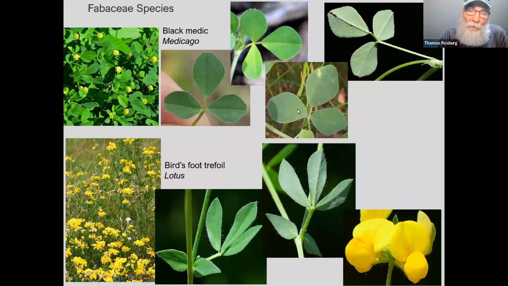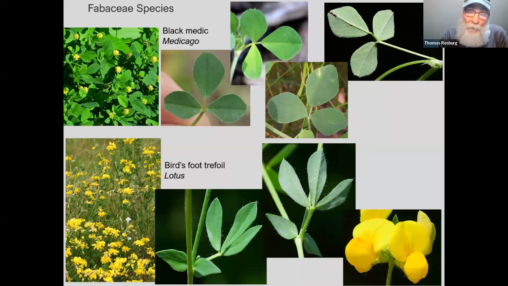Black medic is, again, an example of a trifoliate, but it's pinnately trifoliate because again, the petiolule here is longer than the petiolule here. In fact, these leaflets are pretty much sessile. And what bird's foot trefoil has is a leaf that has five leaflets.